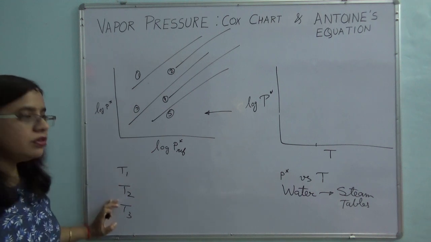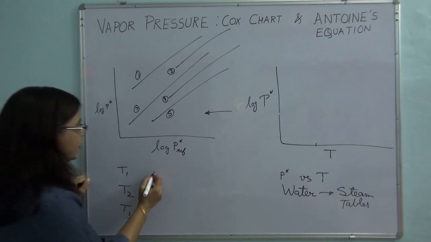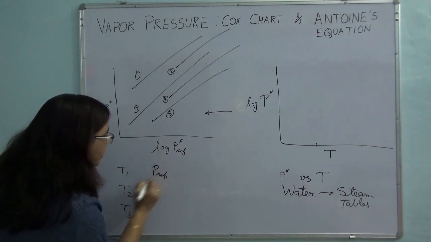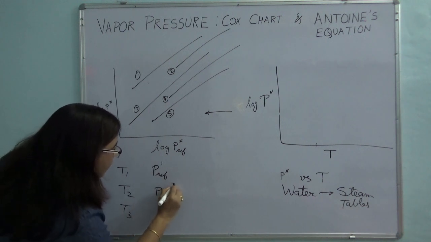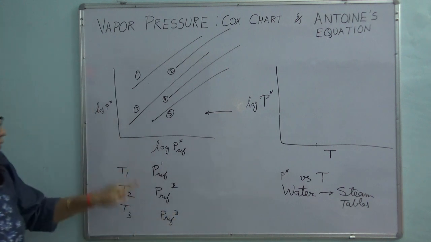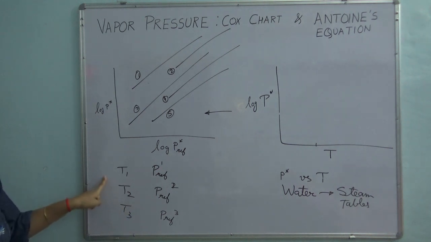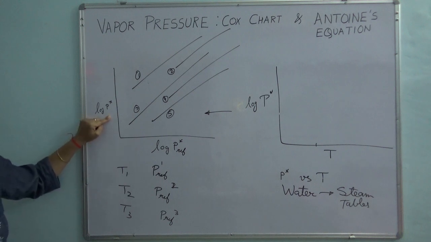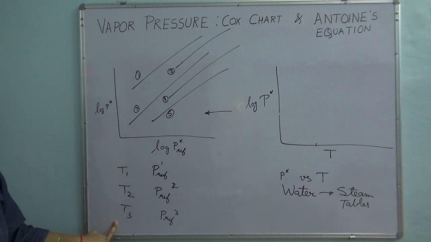Since I have steam tables, I can find the corresponding vapor pressure values for the reference substance. So I have found from the steam table the vapor pressure for water, the reference substance, at these temperatures. Then I will measure the vapor pressure for the species at these 3 temperatures.